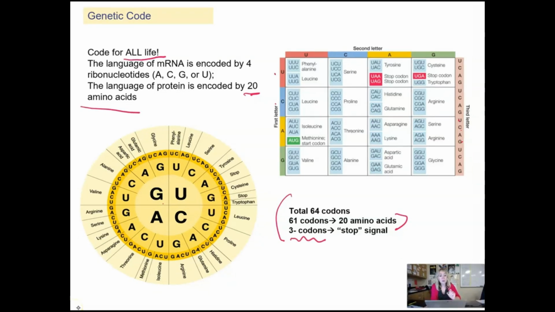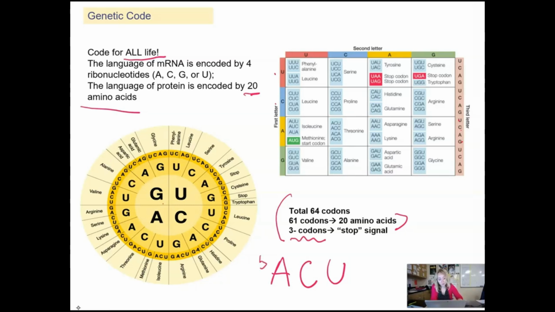Okay, so how do we actually decode the codon? How do we figure out which amino acid it codes for? We can use a wheel or a table. Here's an example. Let's say we have a codon that starts with A, C, and U. Now remember, as I said before, make sure that you read the codon in the direction of 5' to 3'.